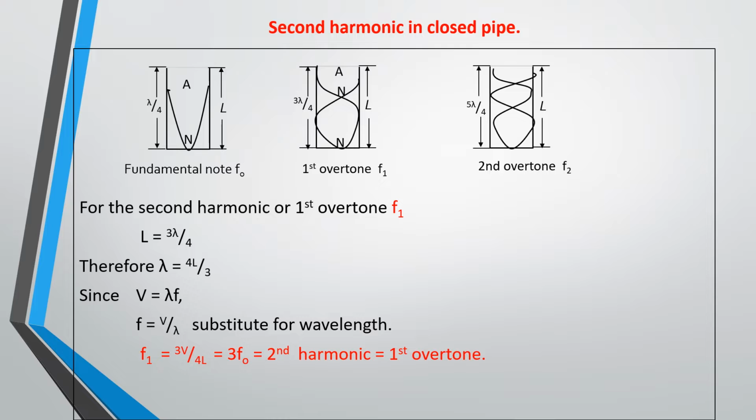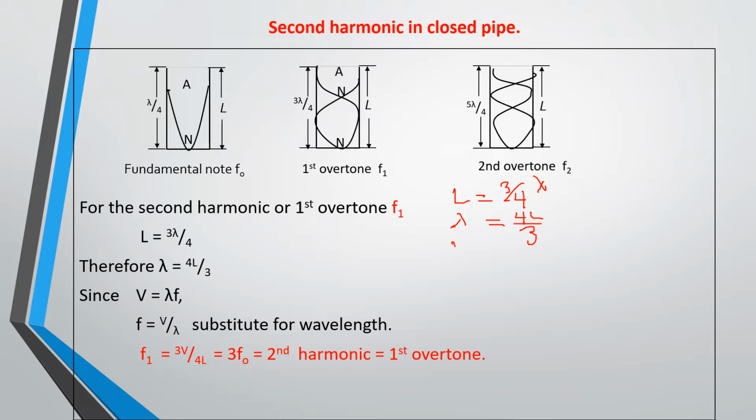So for the first overtone, we see that L is equal to 3 all over 4 of wavelength, which gives you that wavelength is equal to 4L over 3, right?